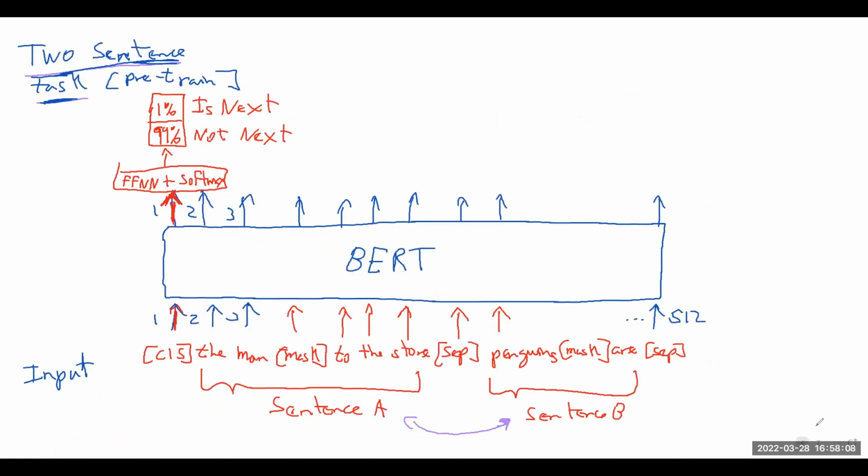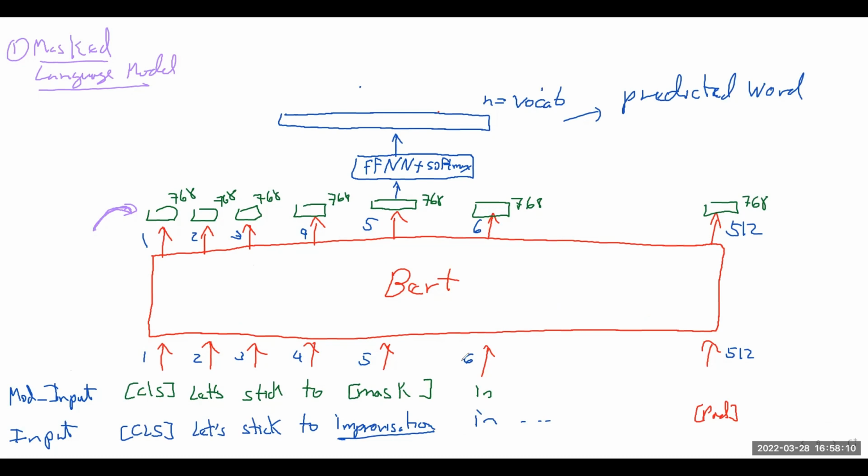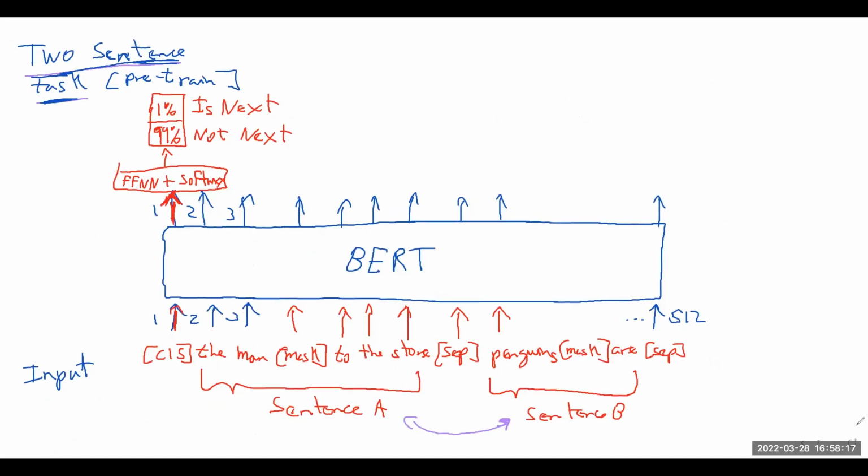And then as far as how BERT is trained, as I said, it uses the masked language model of predicting, given a mask, the word, which you guys have already seen applied, and then the two-sentence task to say if two sentences are next to each other or not. And that's it. That's everything I have for today about BERT.